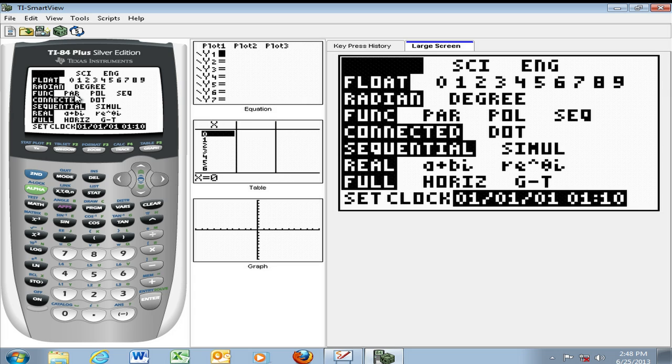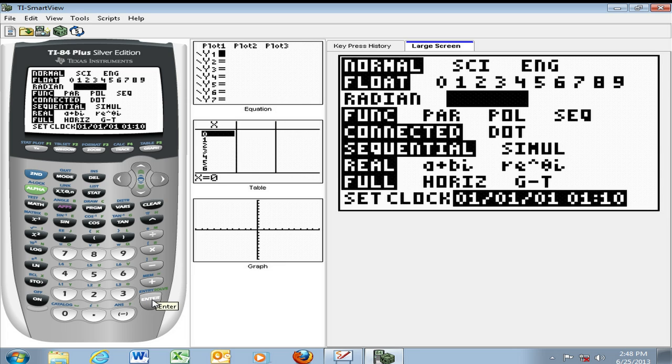So instead, let's use our arrow down. Notice now I've arrowed down to radians, it's flashing. Come on over to degrees, and that's what I want.